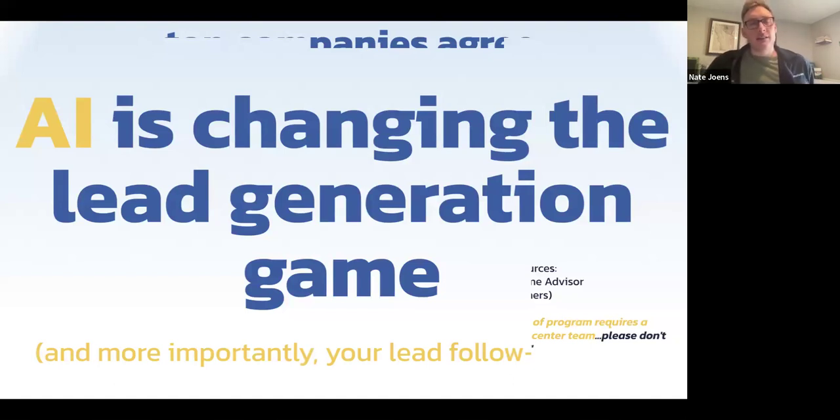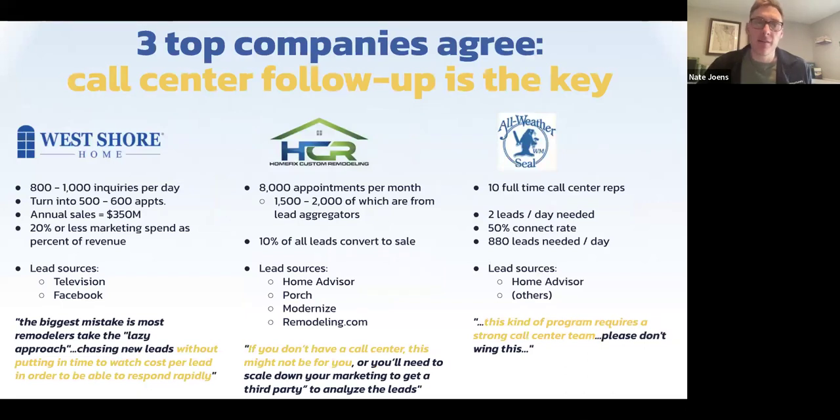You can look at the stats here. In a nutshell, West Shore is generating 1,000 leads a day, turning about 50% of them into appointments. They're spending 20% of their revenue on marketing, and they're doing some in-house stuff, radio, television, Facebook.